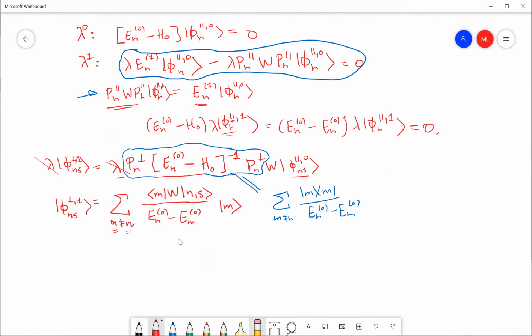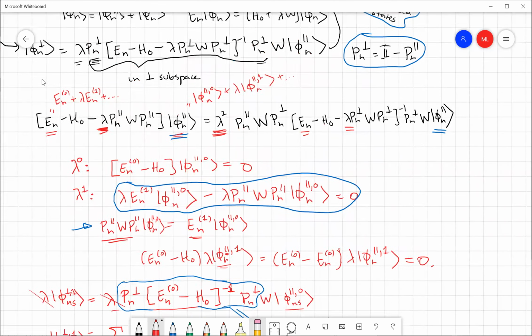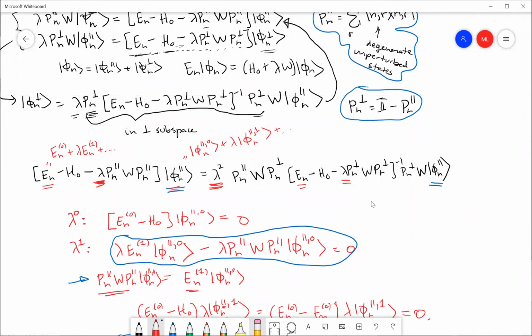But notice that's only true in the perpendicular subspace. In the perpendicular subspace, that portion of the correction to the state is the same as regular non-degenerate perturbation theory. So now we have to go back and examine what happens to the parallel situation.